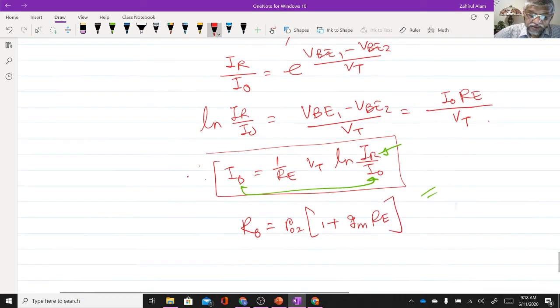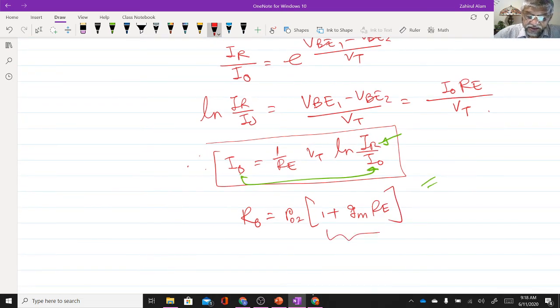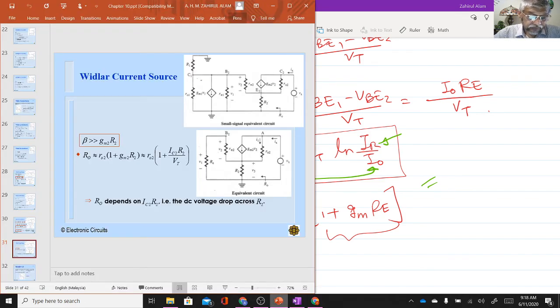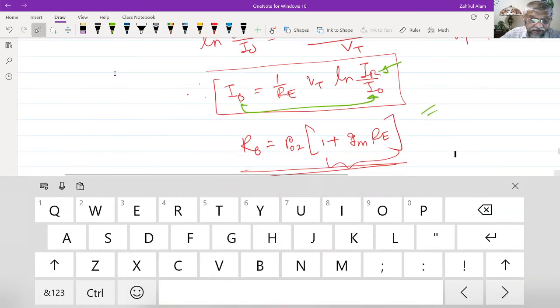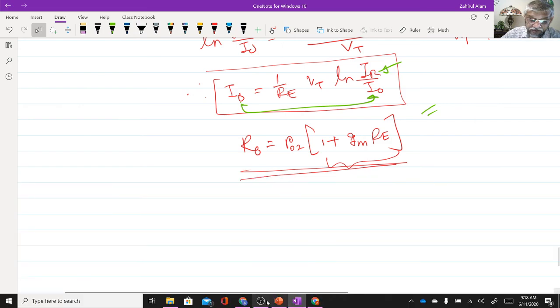So now the output resistance is also increased by a factor of this quantity. Now let us see some exercise. Let us try to find the problem.